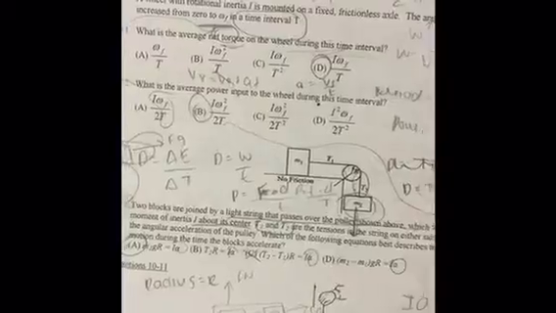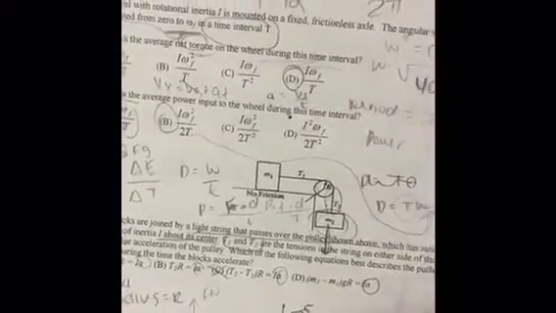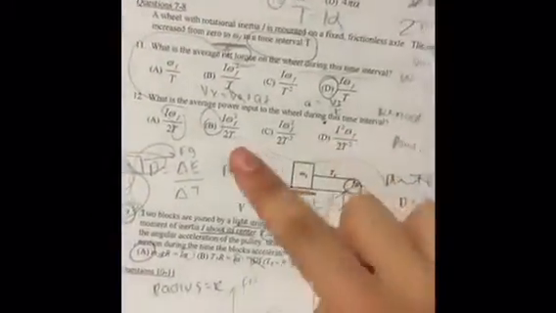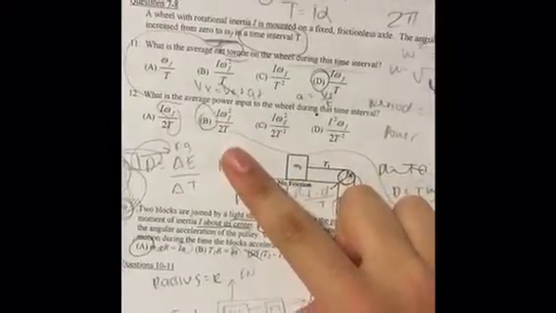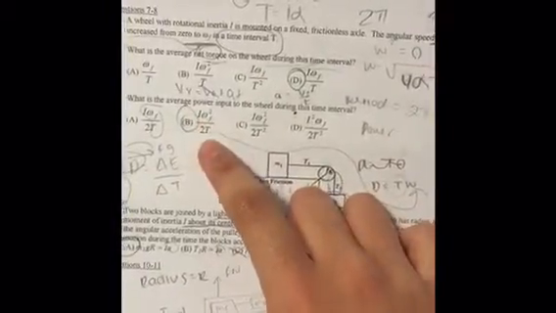So that formula is 1/2 I w squared. So it would be choice B because 1/2 I w squared is n divided by T.